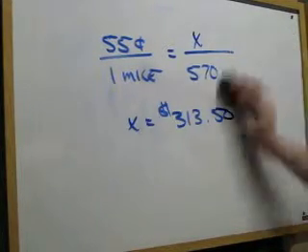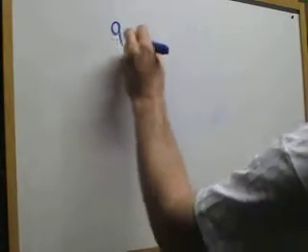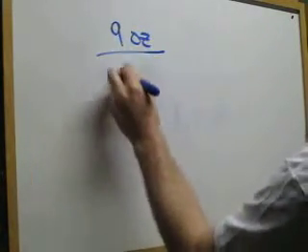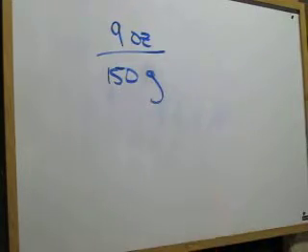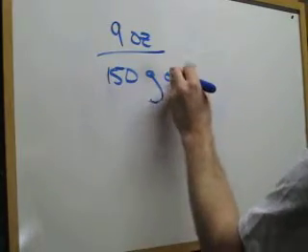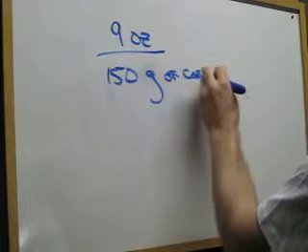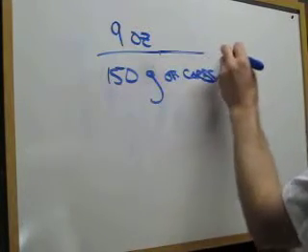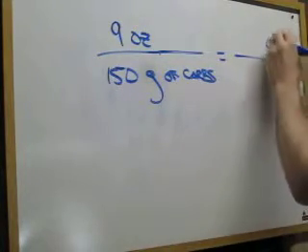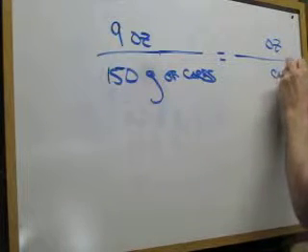Okay, let's look at 21 real quick. A 9-ounce serving of pasta contains 150 grams of carbs. So I know that I'm going to have ounces on top and carbs on bottom.